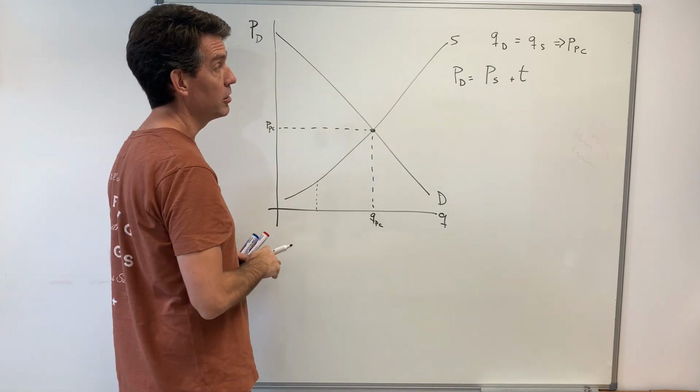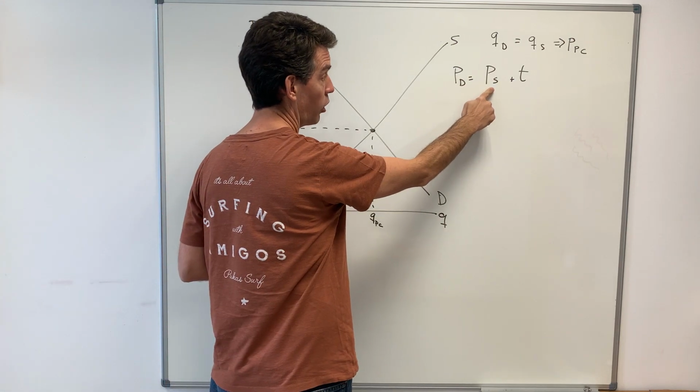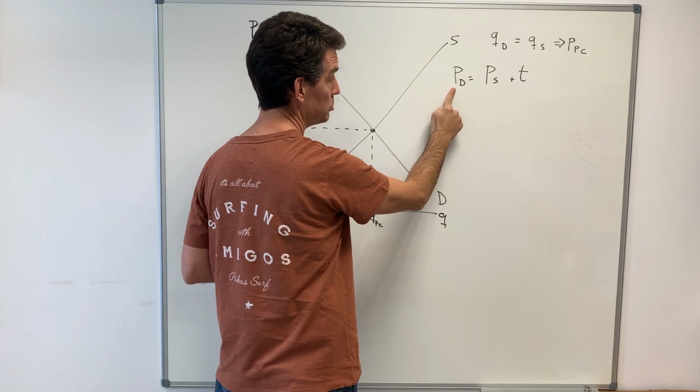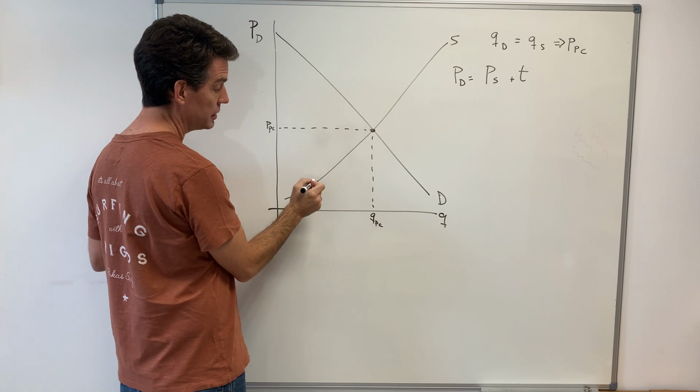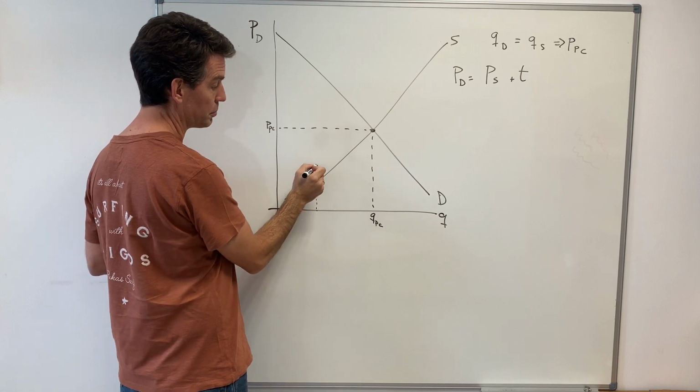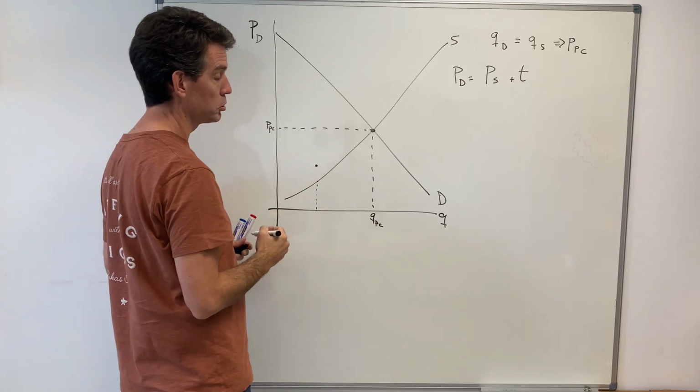However, given that now the producers don't get all the price paid by the consumers, there is a part that the government gets in terms of taxes, actually now the producer would need to be paid a little bit more than before in order to supply those units.